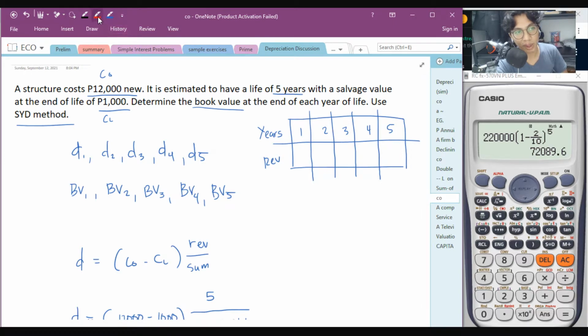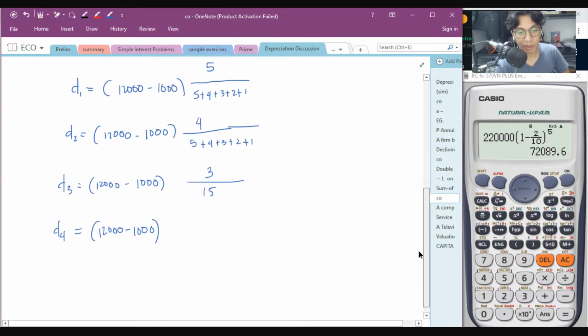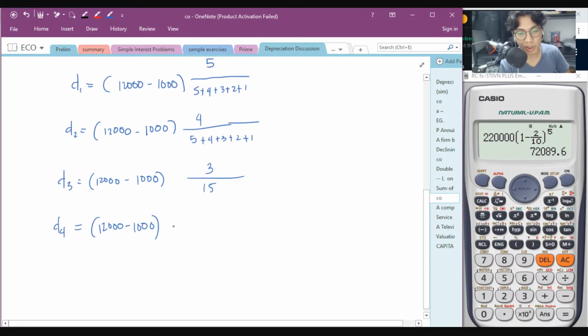Ito yung reverse digit. Anong reverse digit ng 1? Yung 5. Reverse digit ng 2, 4, 3, 2, and 1. Ganun po. Mag-table kayo dyan. Ganun lang po kadali yun. Hindi kayo mahirapan. Okay? So, dito, anong reverse digit ng 4? D2, 15. In D5, that is 12,000 minus 1,000.